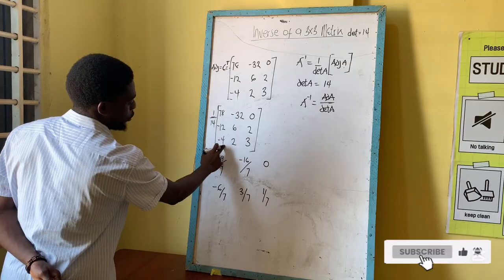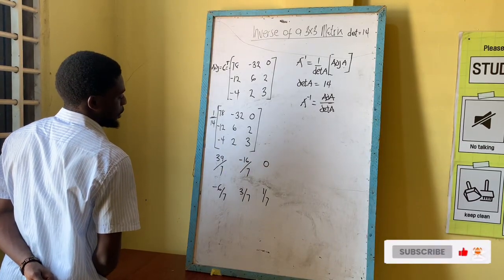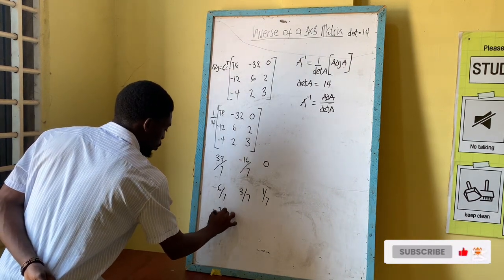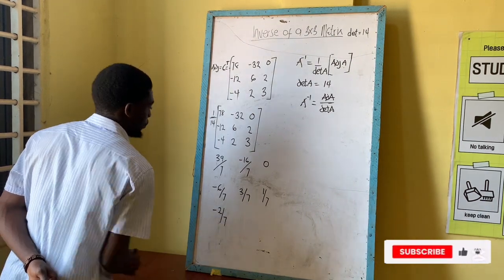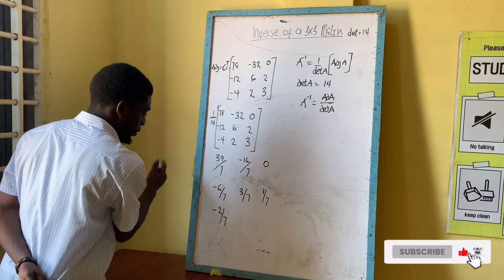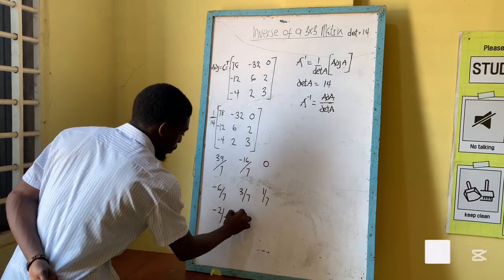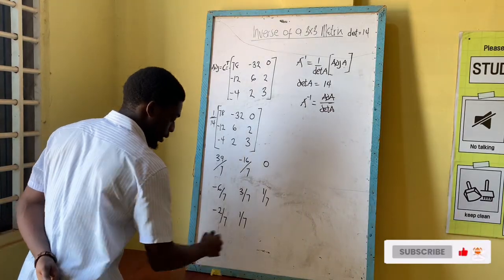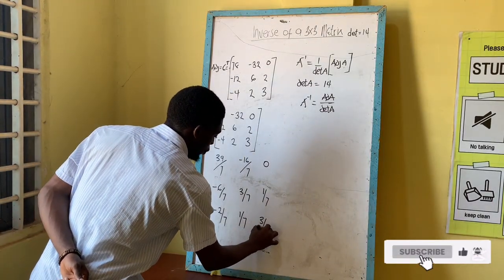We come back to minus 4 times 1 over 14, we have minus 2 out of 7. 2 times 1 over 14, we have 1 out of 7. Then 3 times 1 over 14, we have 3 out of 14.